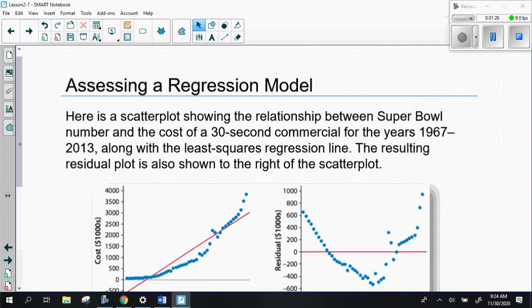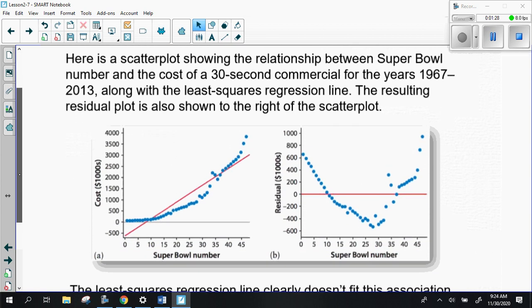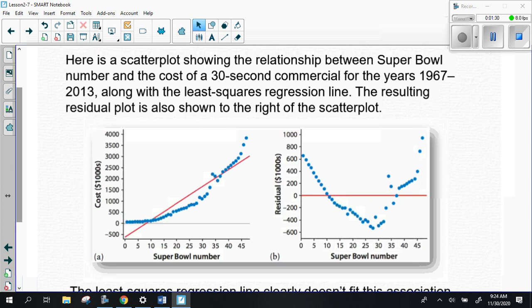So here we go. We've got a scatter plot over here with Super Bowl number and the cost of a 30-second commercial, and that's on the left. And then on the right-hand side, we actually have the residual plot.